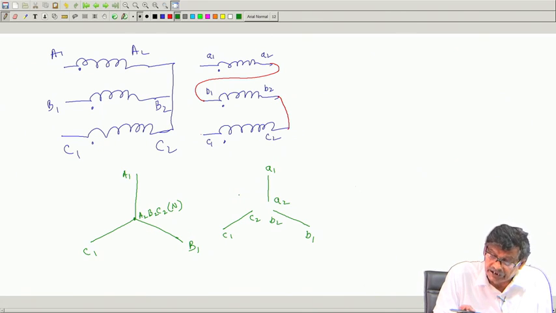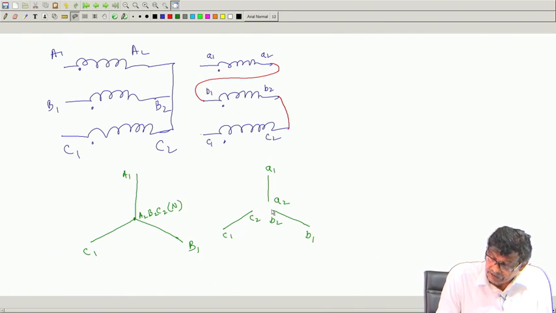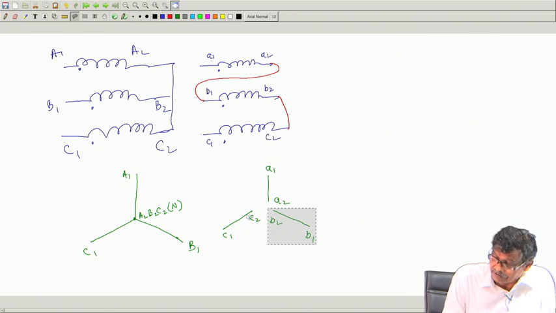But the moment you have joined A2 with B1, this phasor cannot remain in isolation, because A2 has been connected to B1. So I will move it such that it remains parallel to B1, B2, but A2 gets connected with B1.